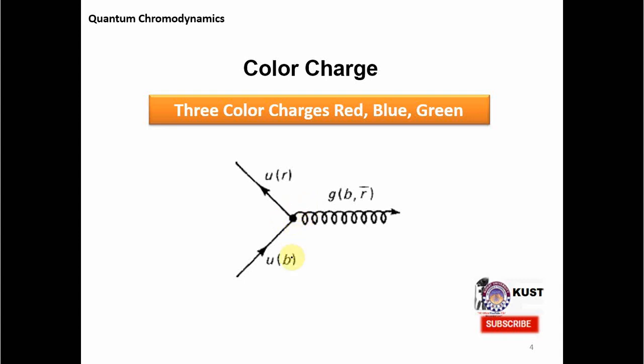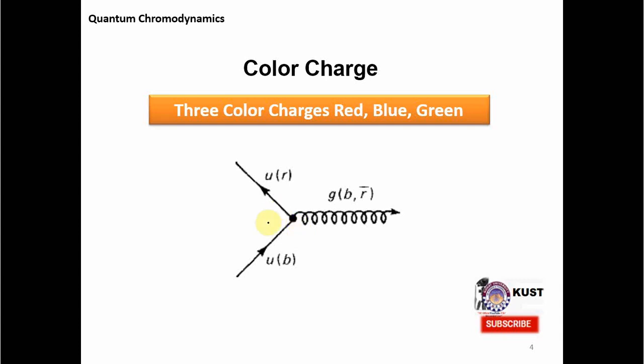So you can see that blue was coming in and red was going out, but since in the gluon there is an anti-red, this anti-red actually cancels this red, and then at this vertex we are left with the blue charge. So in this way, the gluon carrying the blue and anti-red color, the color is conserved at the primitive vertex.